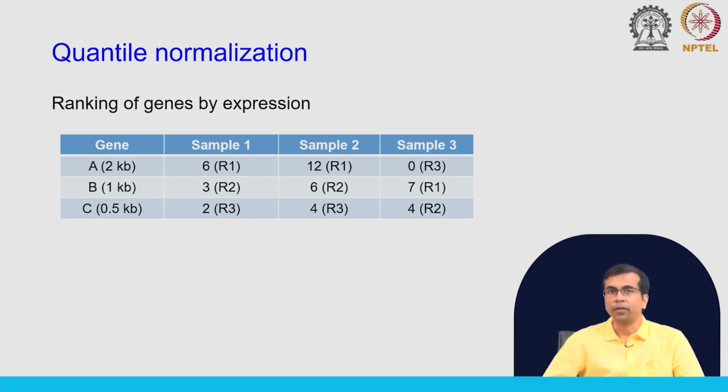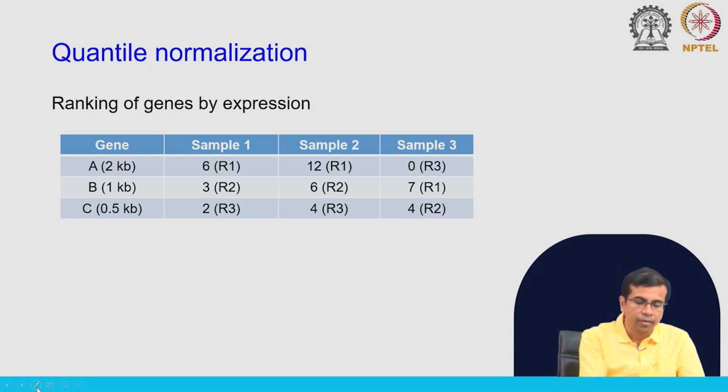So, the letters and the numbers that you see: R1 stands for rank 1, R2 stands for rank 2 and R3 stands for rank 3. Okay. I have ranked these genes, we have only 3 genes, so it is easy, right. R1 is the rank 1 gene with the highest expression, okay, and again we have sample 2, rank 1 with the highest read count, okay, and for sample 3 we have also done the ranking.